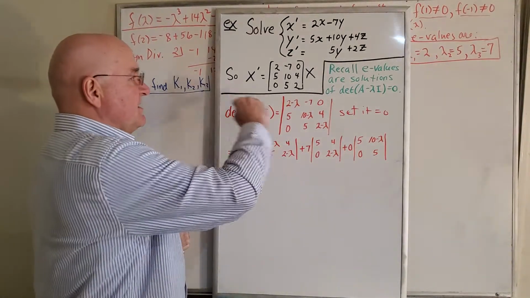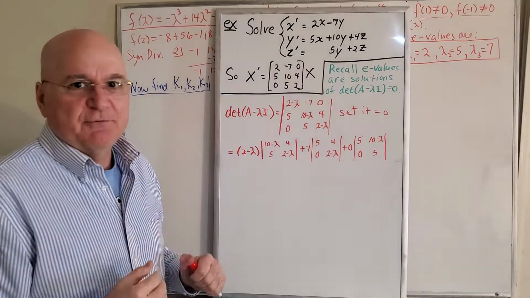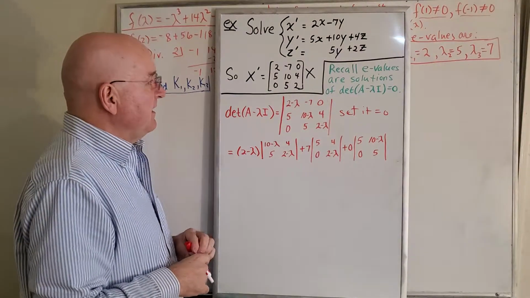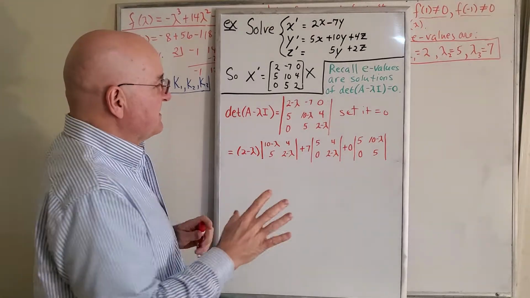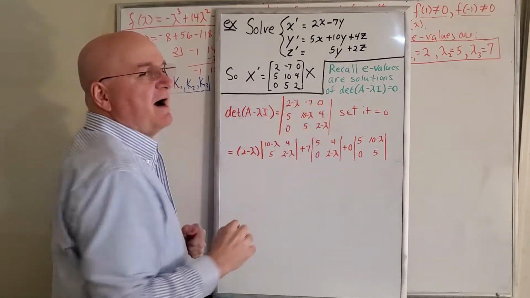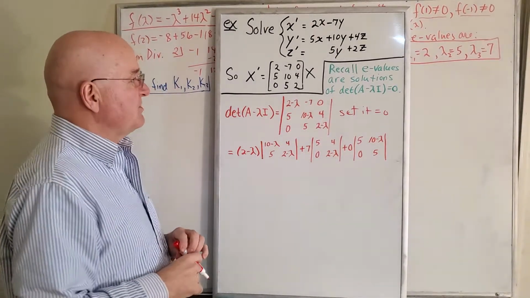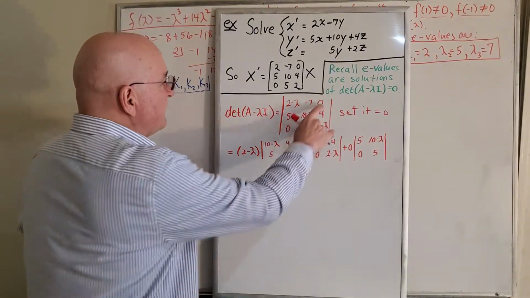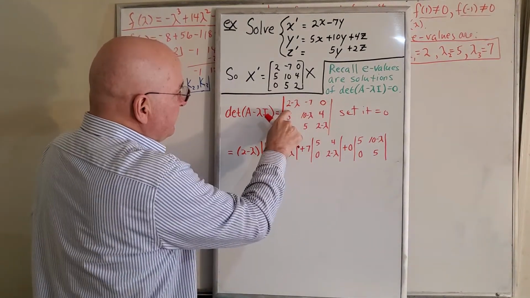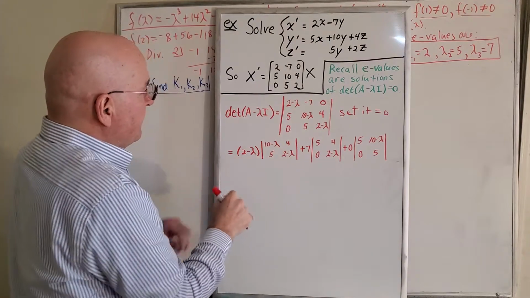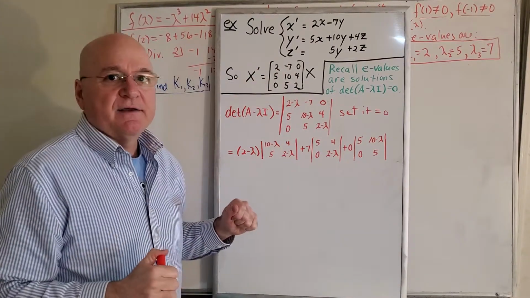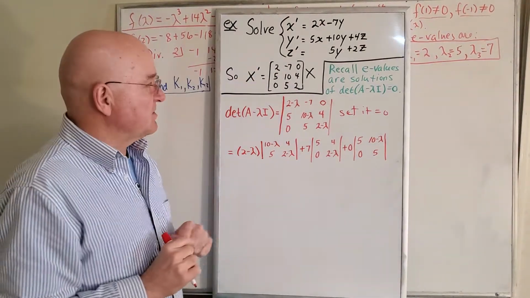We're going to go across the top row. You could go across any row you wanted to, or actually any column. I usually go across the top row, and in this case especially because there's a 0 in the top row, it just makes the arithmetic a little bit simpler. I'm going to take this 2 minus lambda, and multiply it by the minor, as it's called.